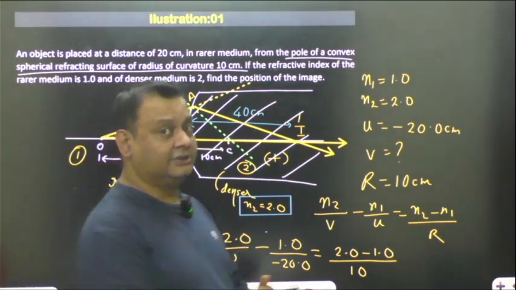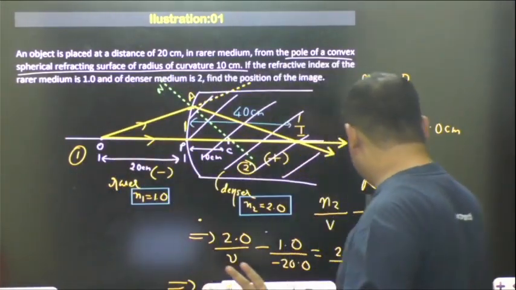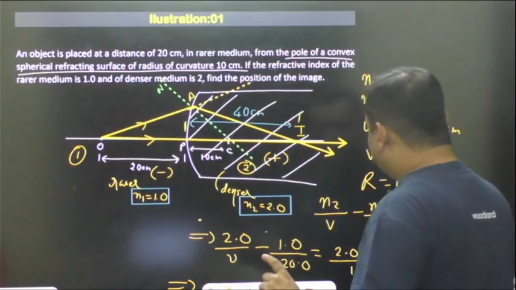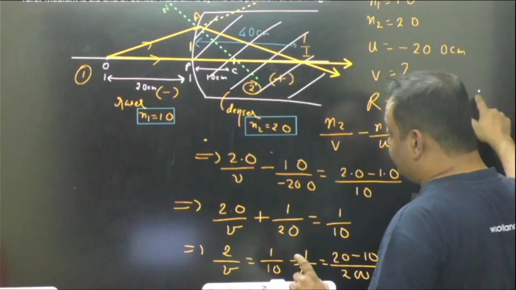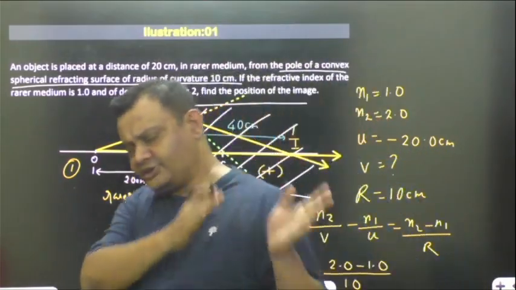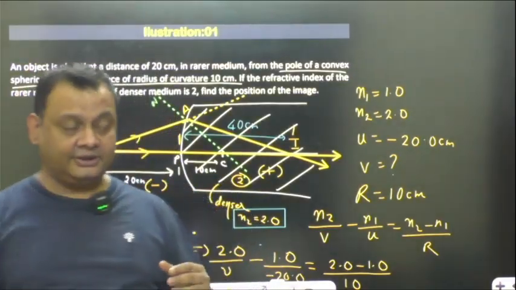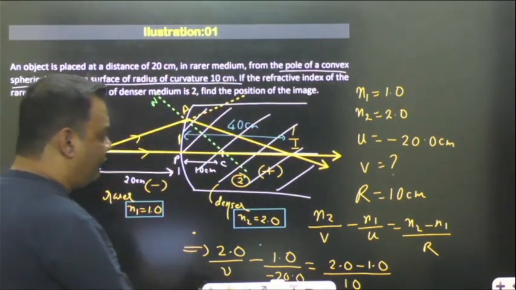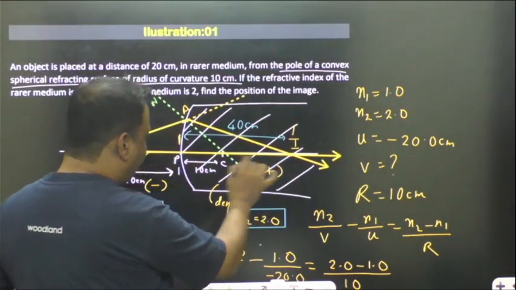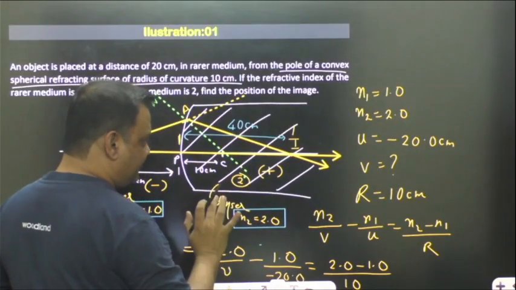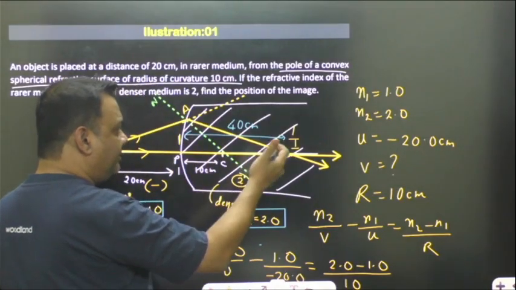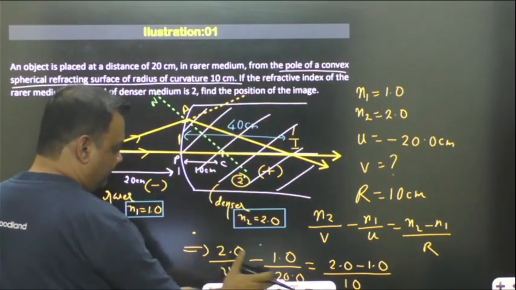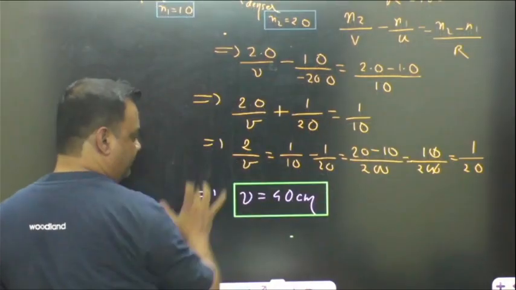And how do you write the answer? See, you have to specify the answer when you are writing the image. Write the distance of the image from the pole, number 1, that is the distance of the image from the surface, and number 2, on which side the image is being formed. So the distance of the image from the surface is 40 centimeter, and where it is formed? In the denser medium. So when we are writing the answer, we will be writing like this.